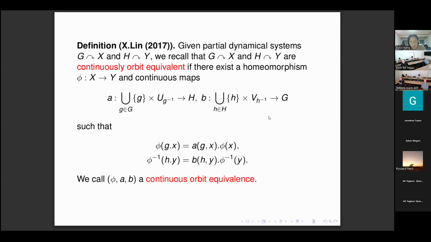When applying the group action on X and then applying the homeomorphism P, the result should match the action on Y transformed by the map A. And the same thing holds for the inverse of P. And then this triple (P, A, B) is called a continuous orbit equivalence.